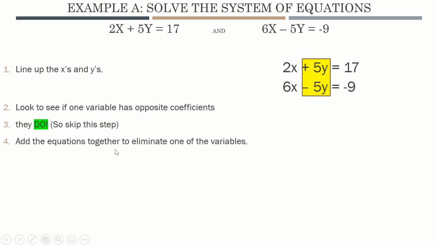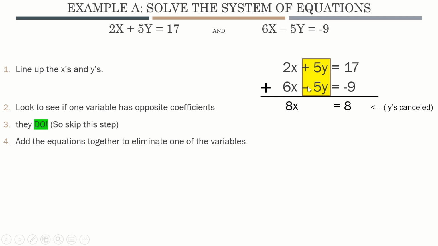Step 4, if you have opposite coefficients, add the equations together. So with me here, let's draw a line, just like we would add 2 numbers, a little plus sign there, and add them vertically. So 2x plus 6x is 8x's, and 17 minus 9 is 8. The y's have canceled.